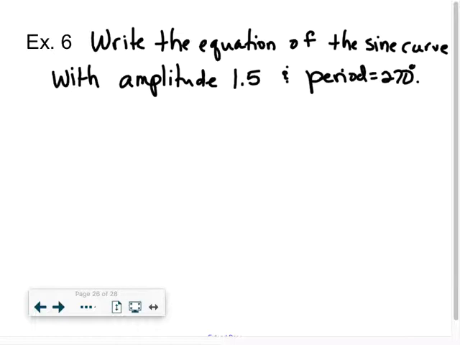Okay, write the equation of the sine curve with amplitude 1.5 and period length 270 degrees.